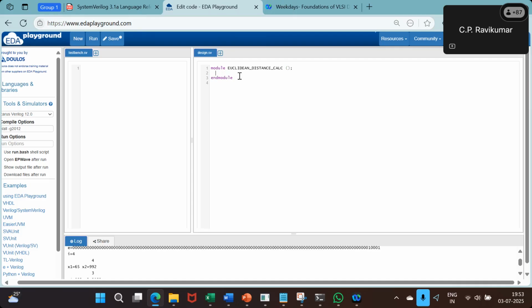So let us see what is the data. Maybe we can do what we did earlier. We can load x1, x2, x3, and for x1, y1, etc. stored in a memory. So we can use a file to store all the data.